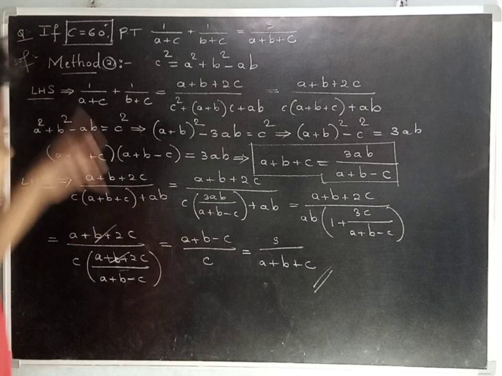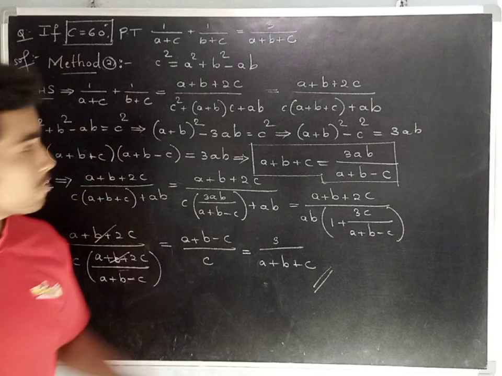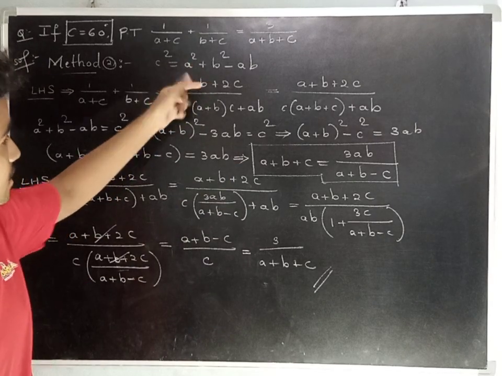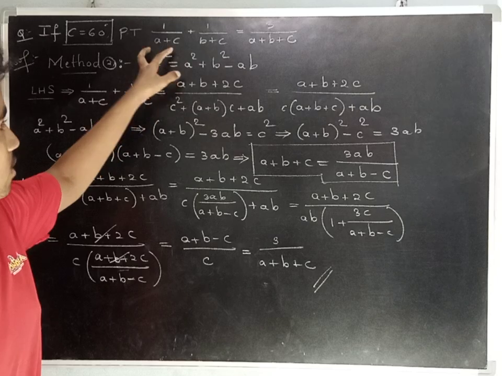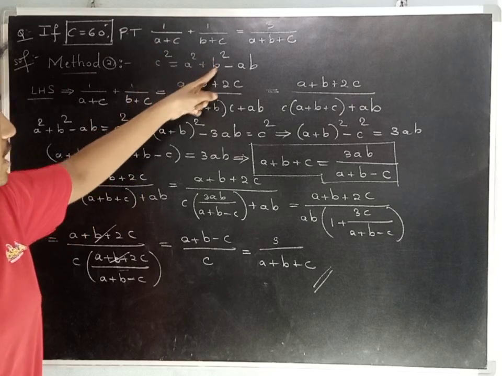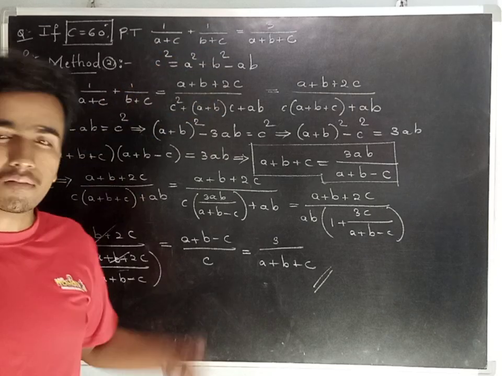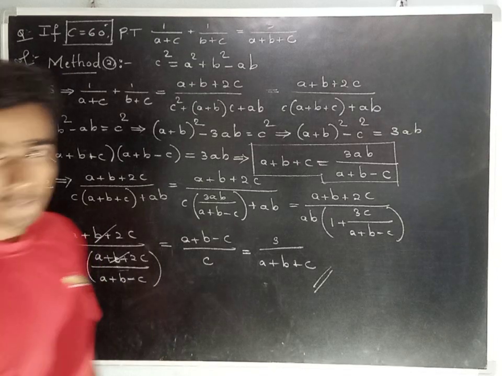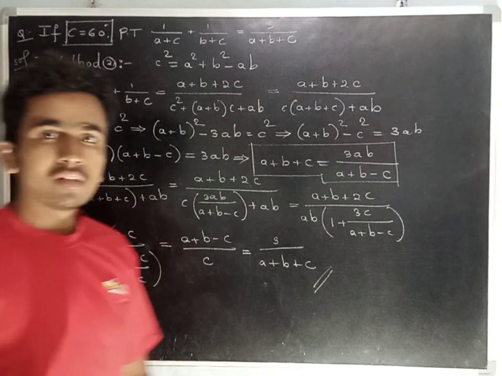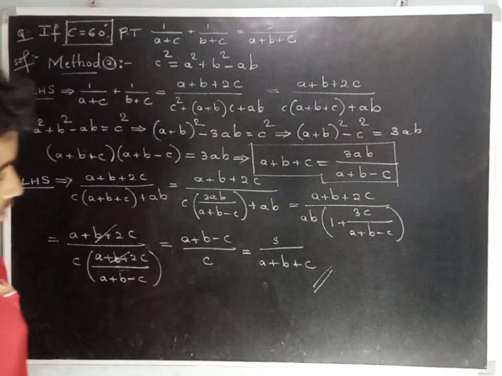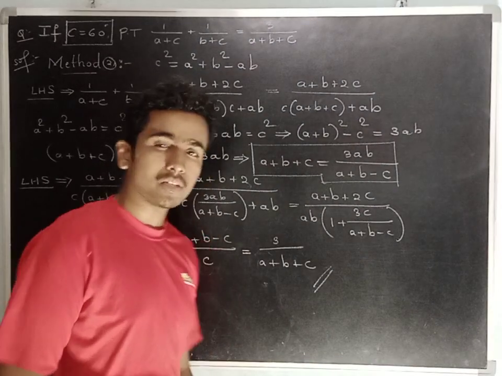Again, this is the second type. In the first type, I have considered the single terms: I found 1 by a plus c, and I took the other term and found 1 by b plus c. Adding both, I got another relation. From that I derived and used the formula for cos square c by 2, and I got the answer.